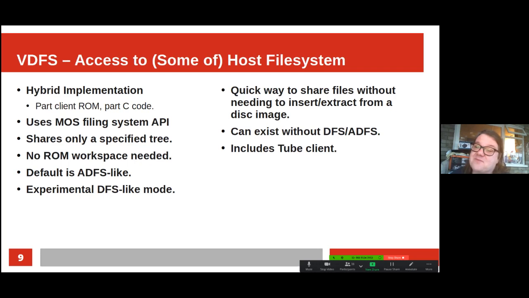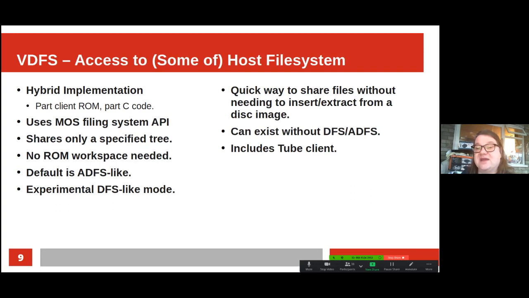Now the B-Em implementation is slightly different from the way that worked, in that it does a bit more on the host. It traps to the host much earlier than the original implementation. So for example, it will forward service calls to the host, and then there's code in the ROM that can do various things as needed.